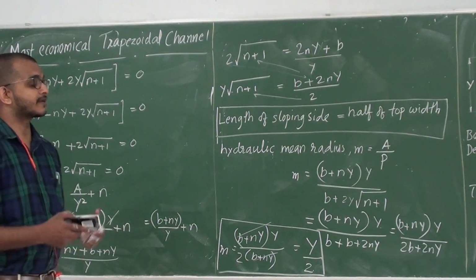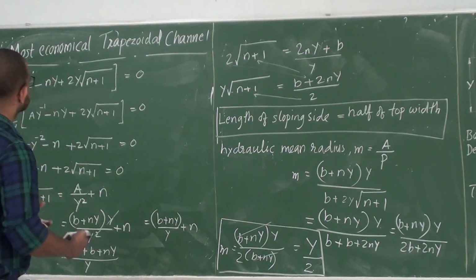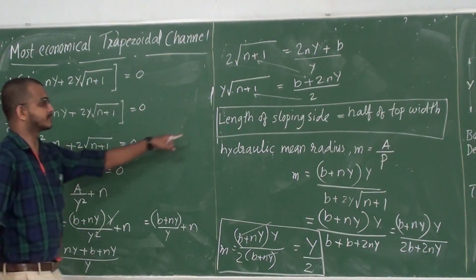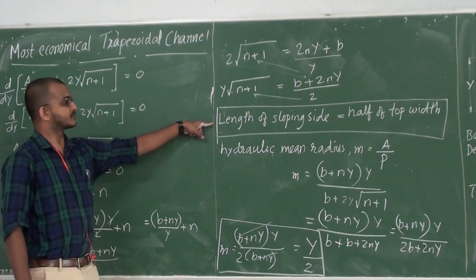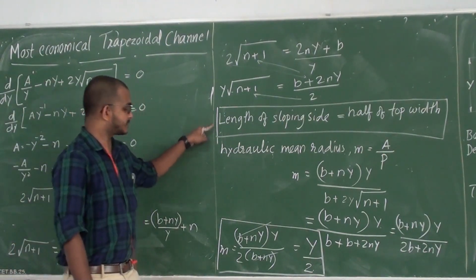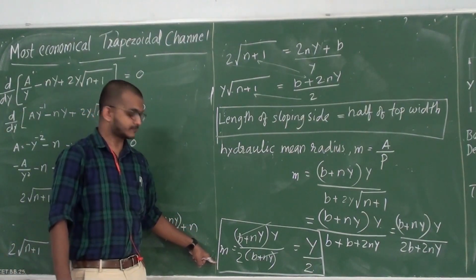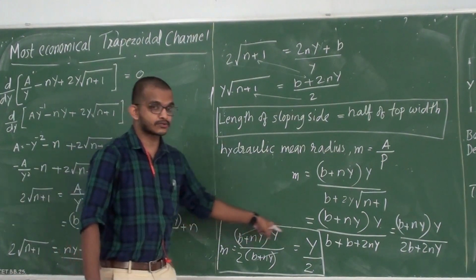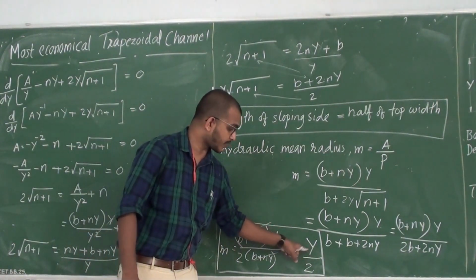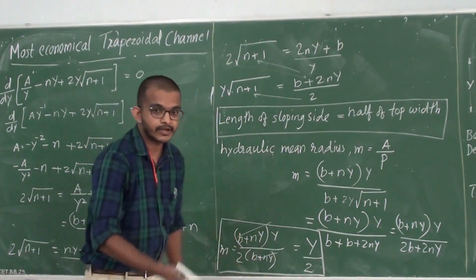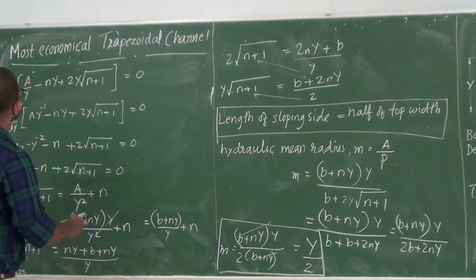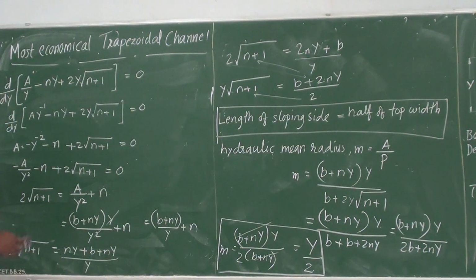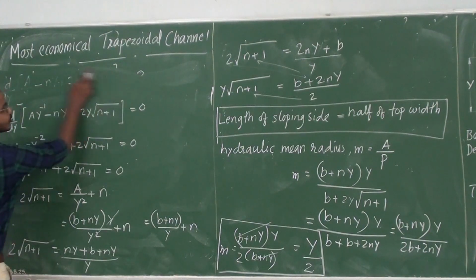The first condition is that the length of the sloping side is equal to half of the top width. The second condition is that the hydraulic mean radius is equal to y by 2.